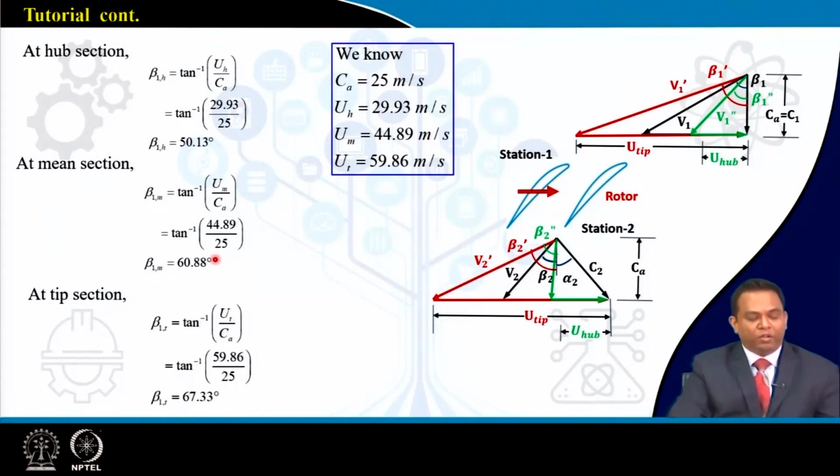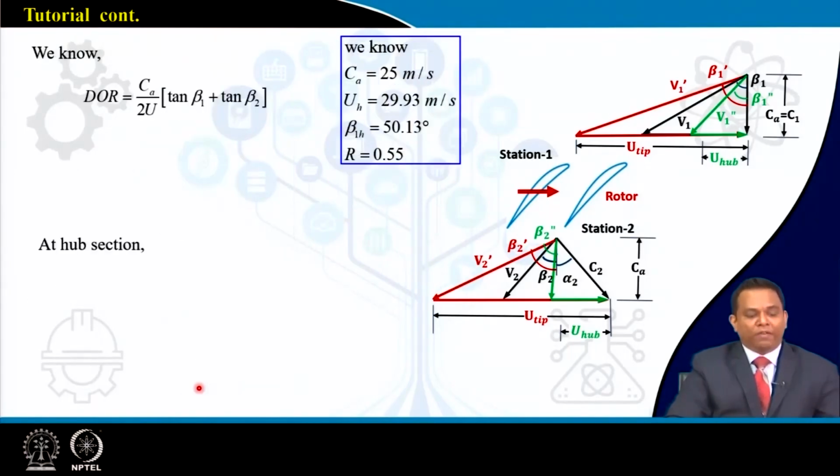In line to that, we calculate our angle at the tip section, and that's coming 67.33 degree. So these are the angles beta 1 at the hub, midsection and tip section. Now what is our next step? That is to calculate what will be my exit angles.